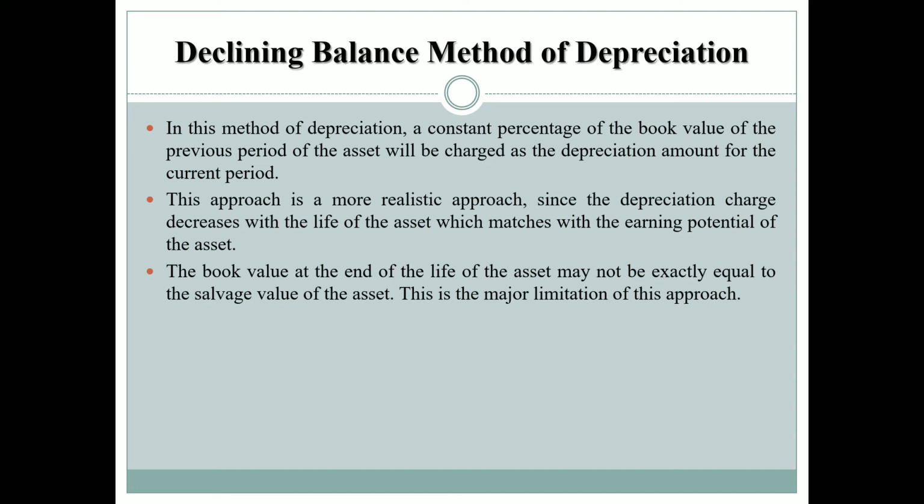This approach is more realistic, since the depreciation charge decreases with the life of the asset, which matches the earning potential of the asset. So as the years go on, the depreciation amount also starts decreasing. The book value at the end of life of the asset may not be exactly equal to the salvage value. This is actually its drawback.